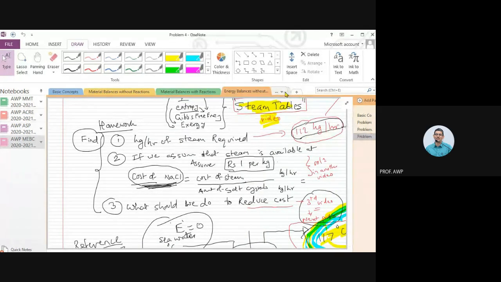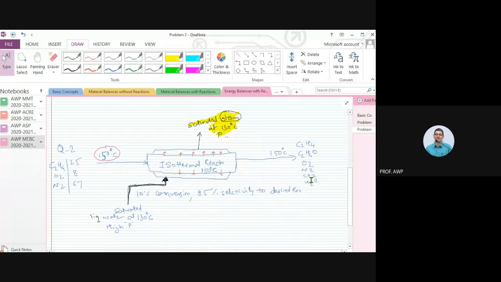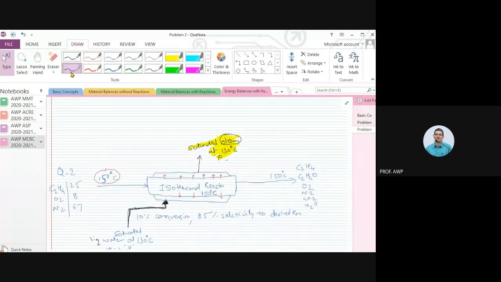Yes, so this steam which is at high temperature is valuable because it can be used as a heating medium somewhere else in the plant. Don't you agree?